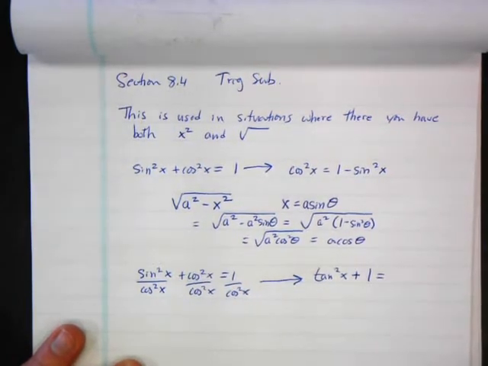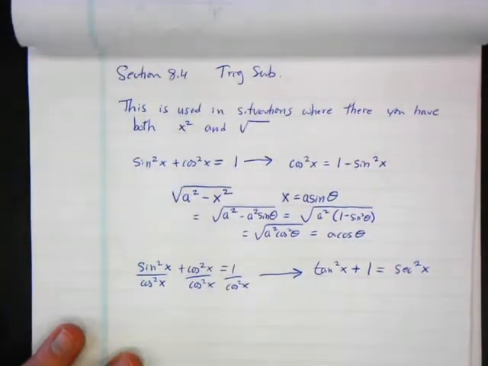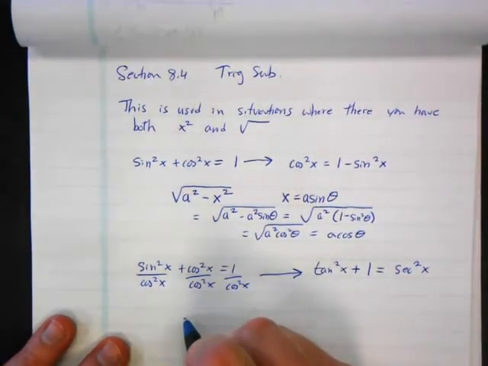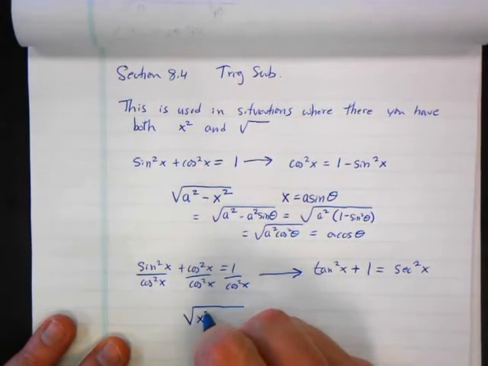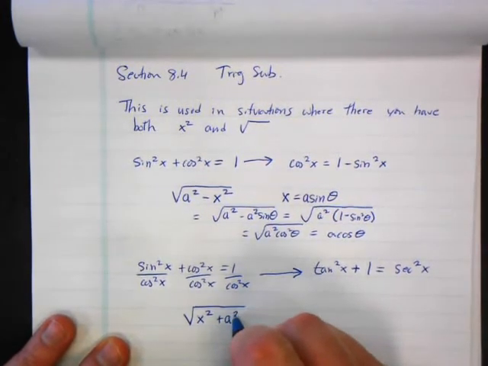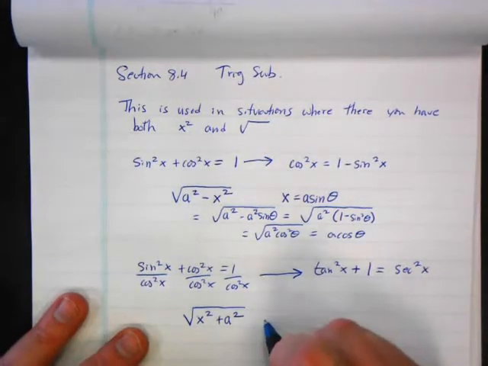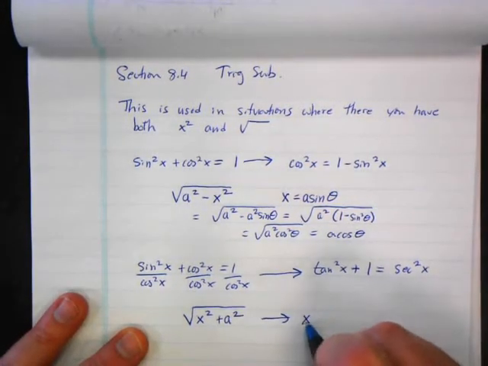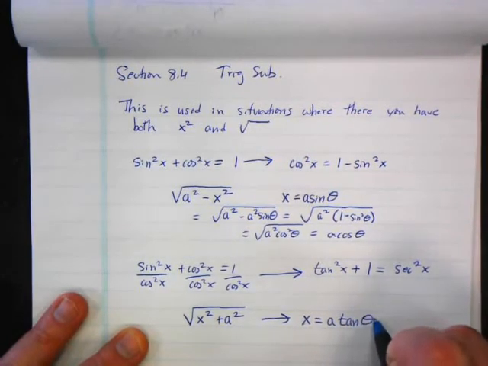Equals secant squared x. So, if you see a square root of x squared plus a squared, you'll make a different trig substitution. Your trig substitution will be x equals a tangent theta.